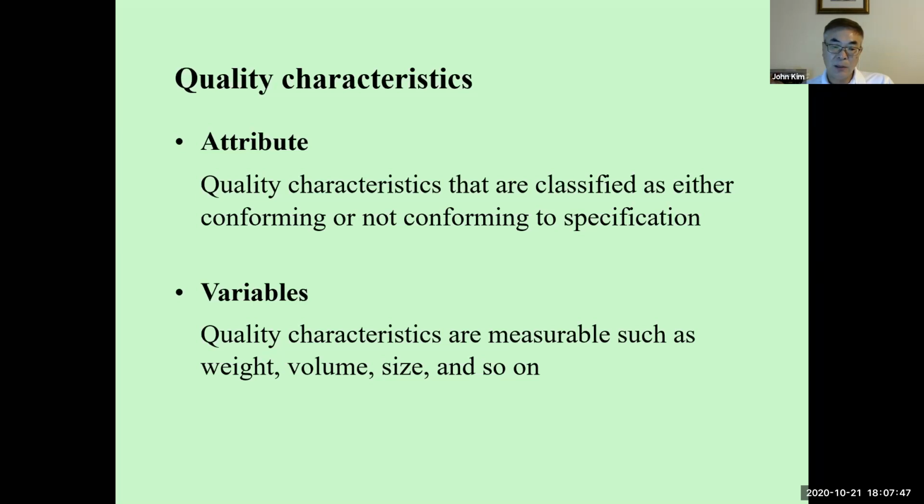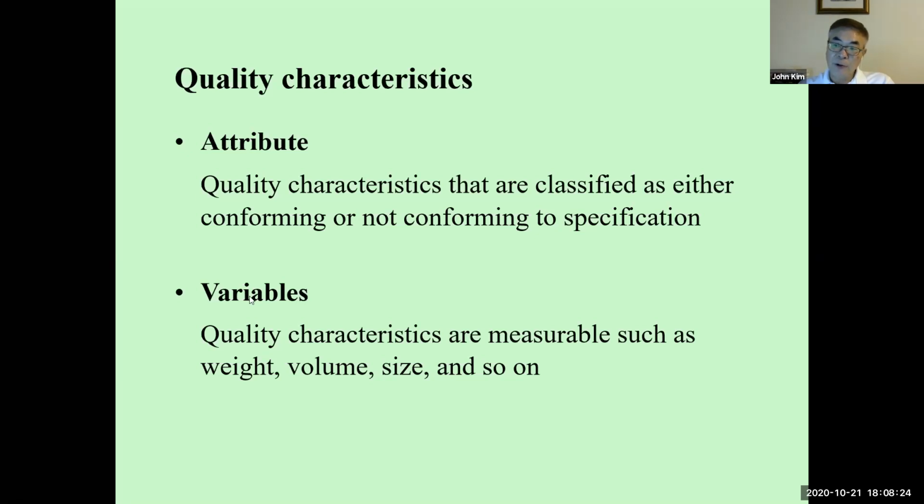If the light doesn't come on, then that is not good. Pass, not pass, something like that. That is an attribute. So a good category, a not good category, good quality, defect. So we test quality using that attribute, a categorical variable.